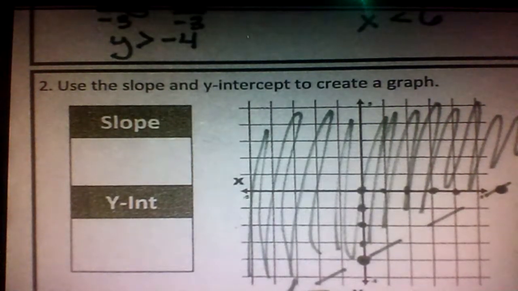So I needed to shade y values that were greater than -4, so I had to be above that -4. And I needed to shade the area that was less than 6 on my x, so to the left of 6. So that is that top area.